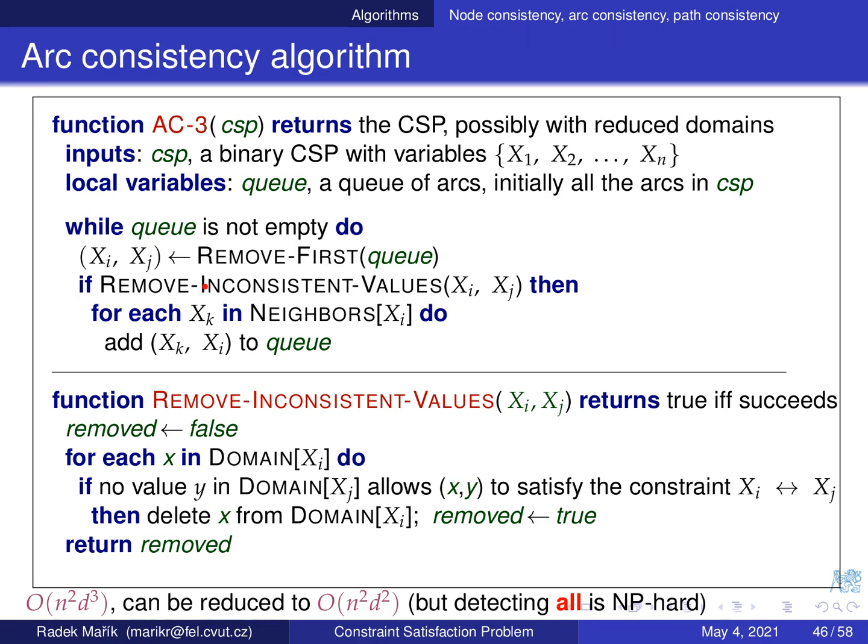You check if you need to remove some values. If yes, that means it is true, and you need to recheck all neighbors. That means you add those pairs, the neighbors of xi, to the queue, and you solve it in a loop.